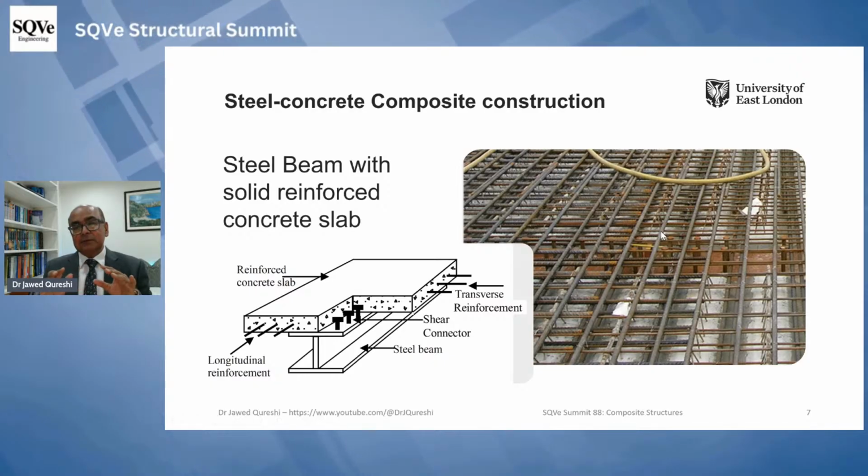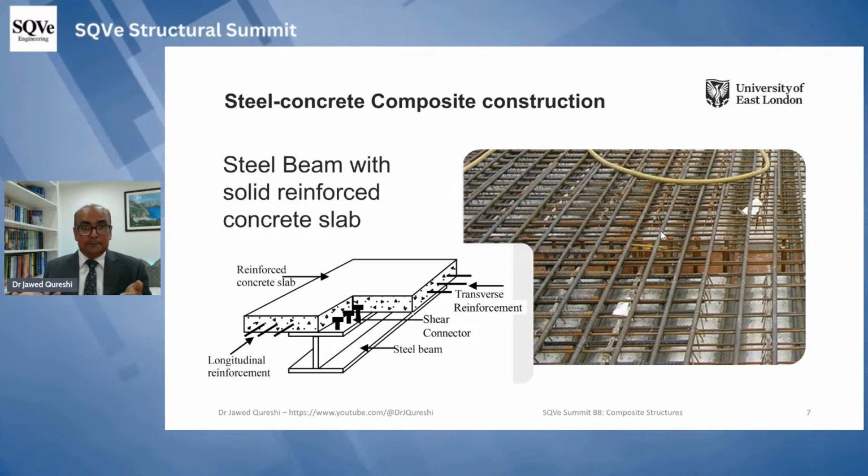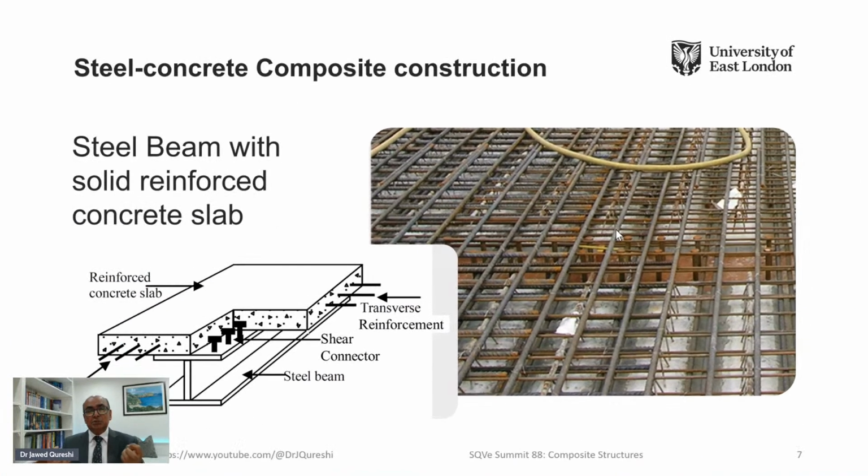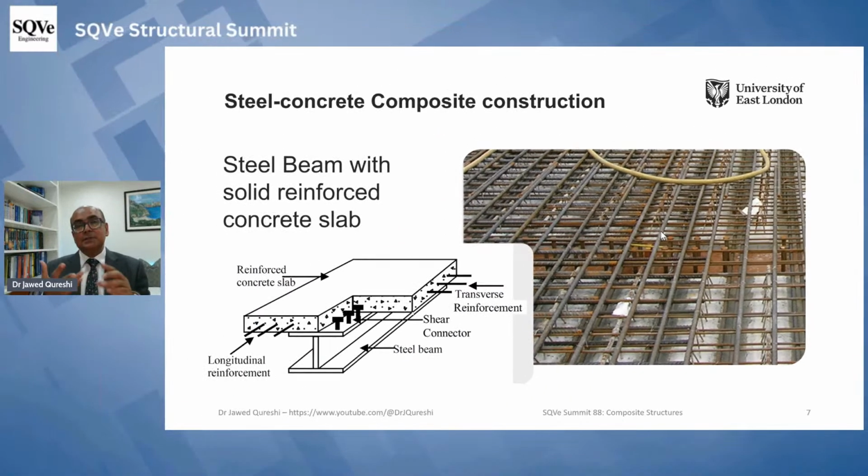But the difficulty with this slab is that we require a lot of form work underneath, and due to speed of construction in steel structures, especially in Europe and Western countries, composite beams with profile sheeting or with hollow core slabs are really very common. And composite beams with reinforced concrete slabs are not common because they require form work underneath.